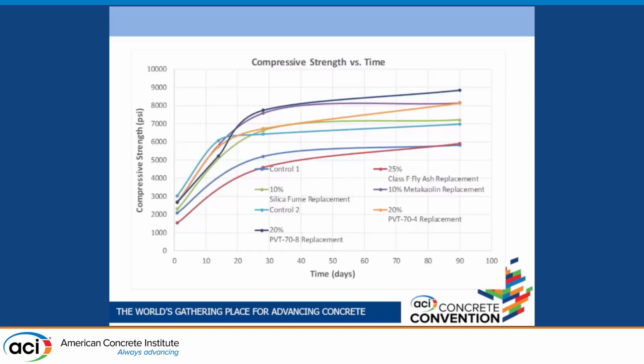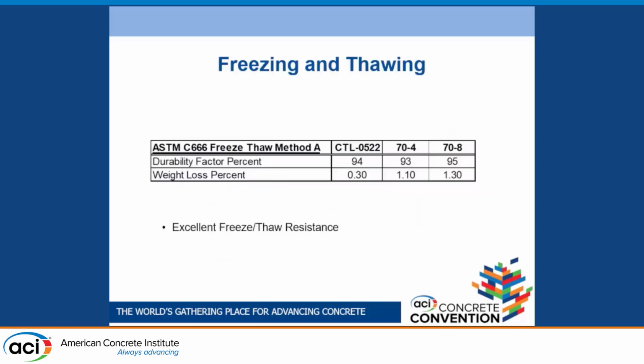You can see the strength data, and the best one ends up being one of the ones we're looking at, and metakaolin in this case was pretty good, and some of these other ones. So we got very good strength development, a lot better than what you get with fly ash. Freezing and thawing, they did very well. They all passed freeze-thaw tests, which is good.